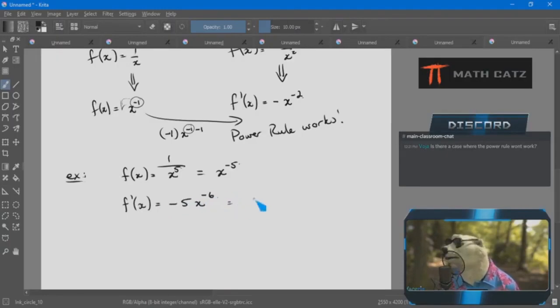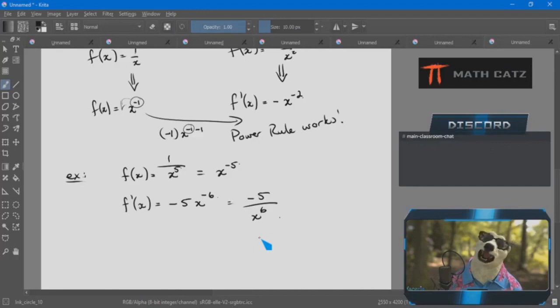I can simplify that if I want to, or I might not want to. The power rule allows me to use the link that I've established outside of having to do the limit definition. I can sidestep all that tedious work that the limit definition gives me and find the derivative immediately.